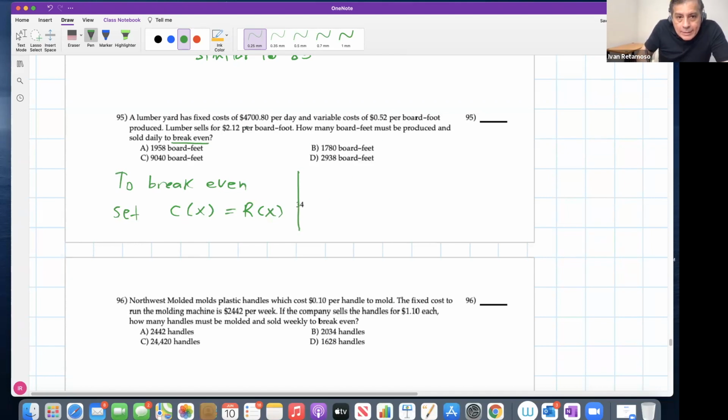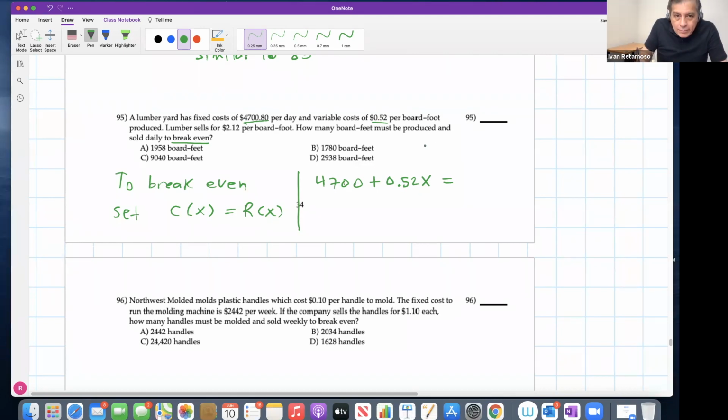Now the cost is the fixed cost, which is this, 4,700 plus the variable cost, but they tell you what the variable cost is, $0.52 per item produced, right? So you're going to multiply this by X to get the total cost associated to the variable cost. That added with the fixed cost is the C of X, right?